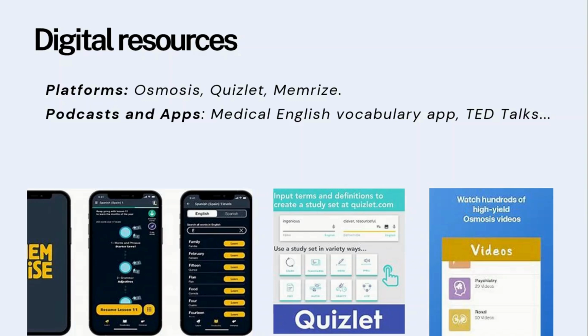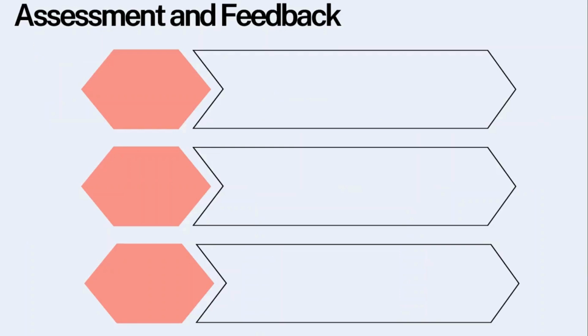These resources allow learners to practice and reinforce their medical English skills in real-world contexts, and they also promote autonomous learning. While digital tools enhance learning, assessments are essential for measuring progress and ensuring mastery. Let's now explore how assessments can reinforce medical English.